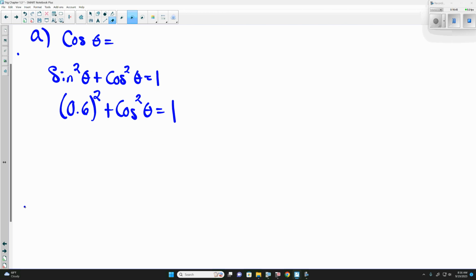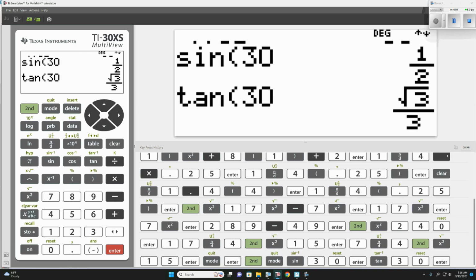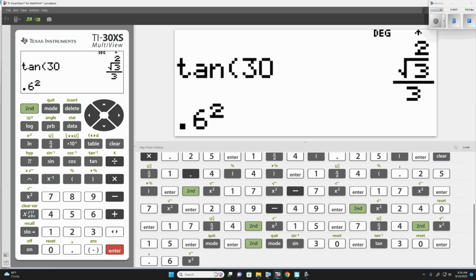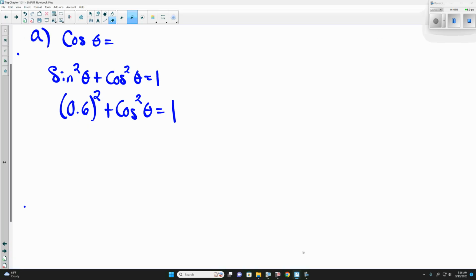Well, 0.6 squared should be 3.6. It's 0.36. So we have 0.36 plus cosine squared of theta is equal to 1.